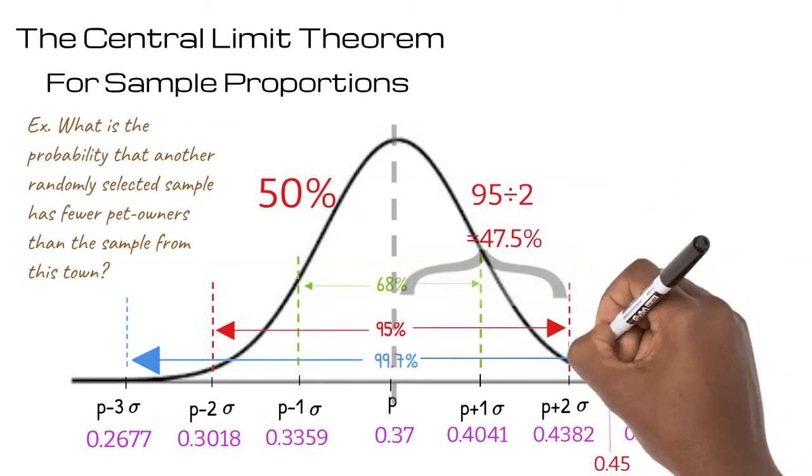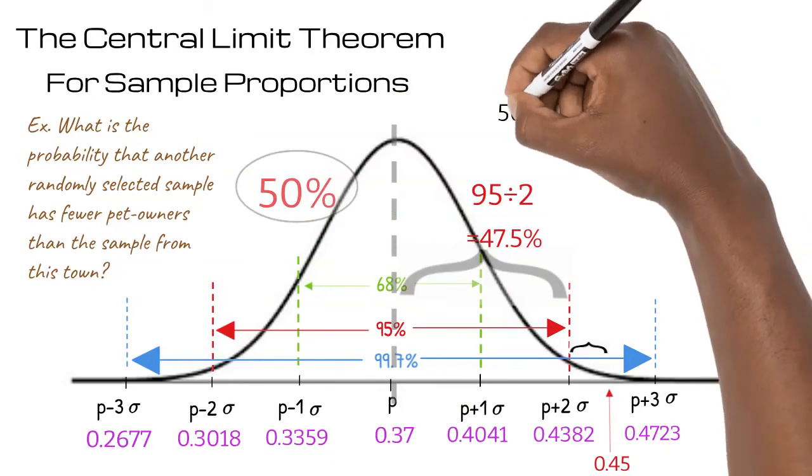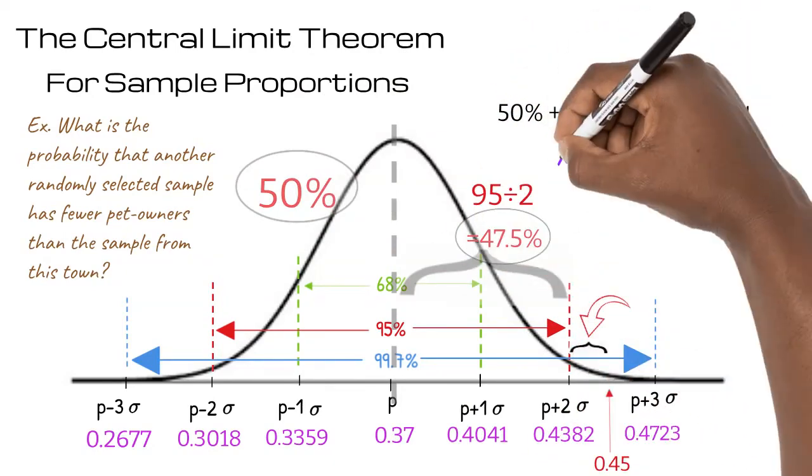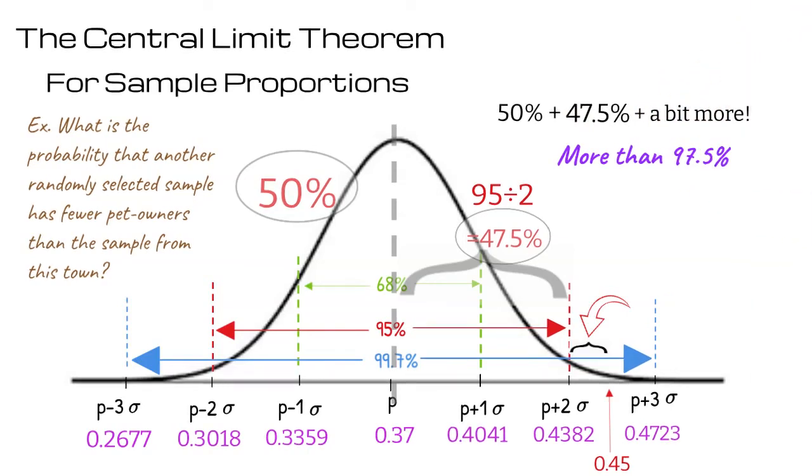And here's a bit more. 50% plus 47.5% plus a bit more tells us that more than 97.5% of samples selected will have a smaller portion of pet owners. To get the exact probability, we can use a z-score table or a statistics calculator.